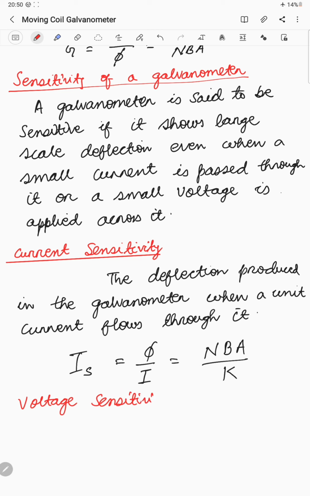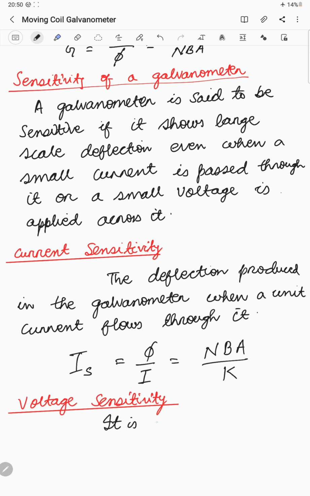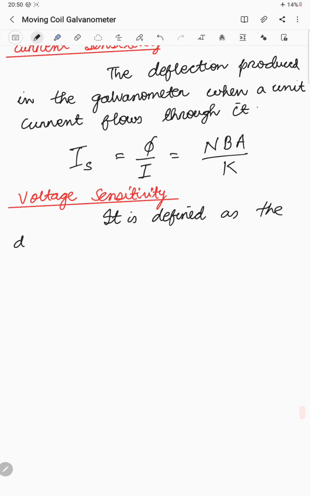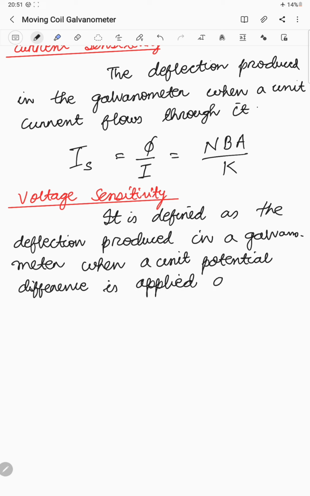Okay, now this voltage sensitivity is defined as the deflection produced in a galvanometer when a unit potential difference is applied across its ends.